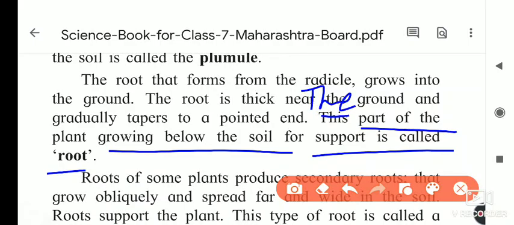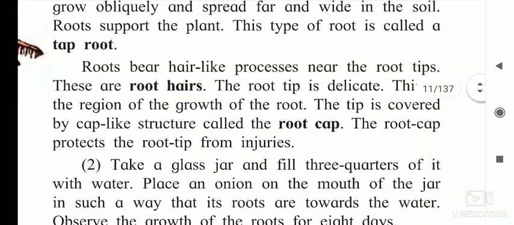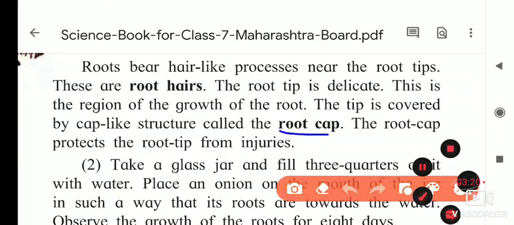After root, I asked you the root cap's definition. Here it is, the root cap. As you know, the tip of the root is very delicate, so to protect it from injuries whenever it enters the soil, it has a protective covering, and that covering is called a root cap.